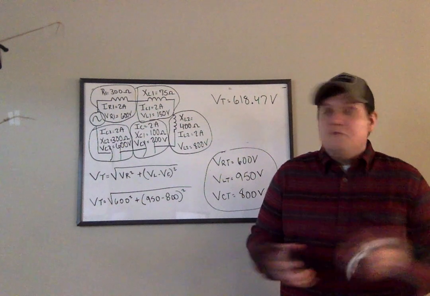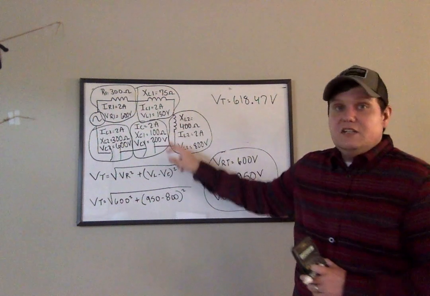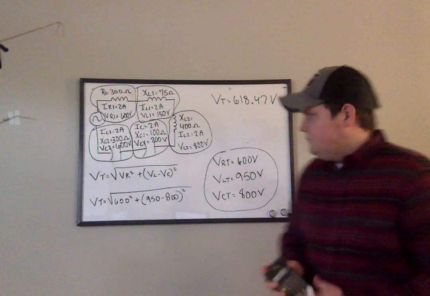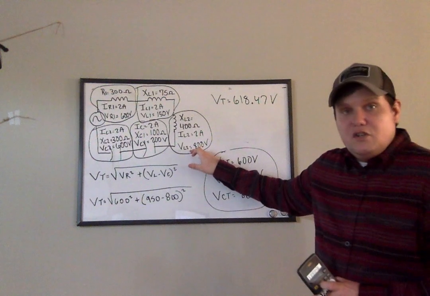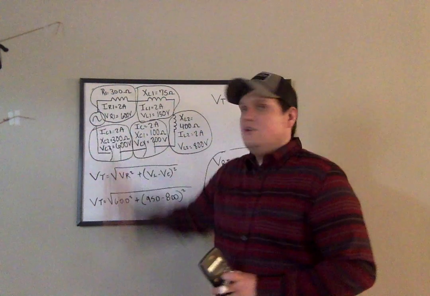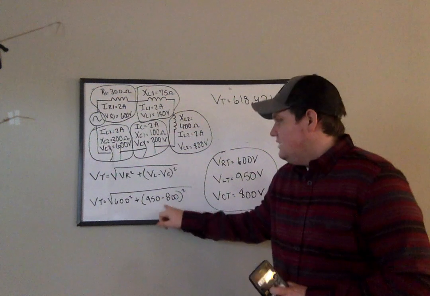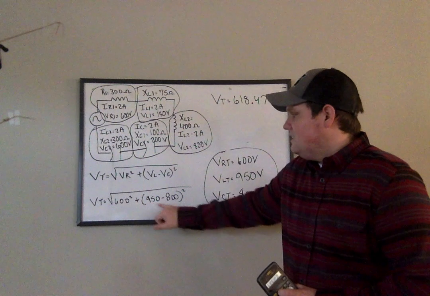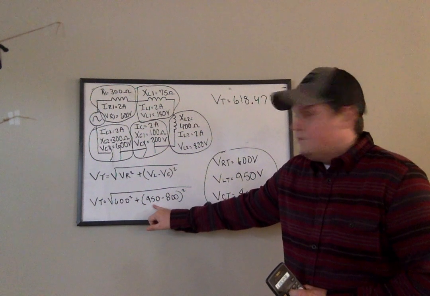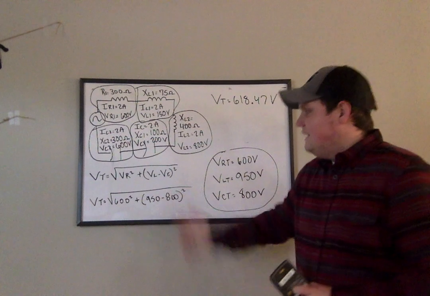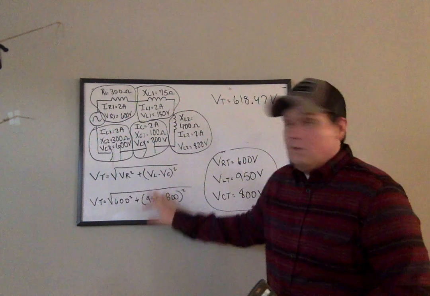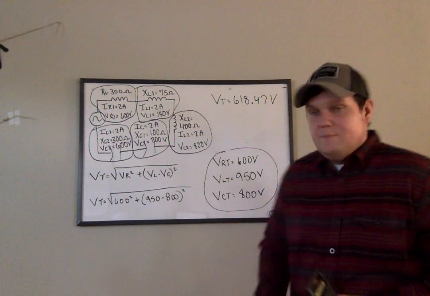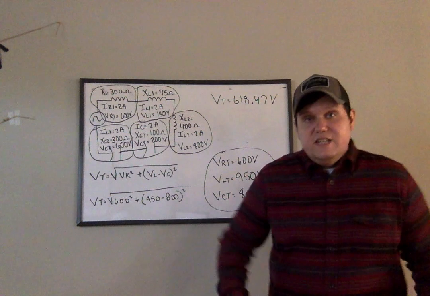That just means the CEMF is really high across this inductor. So it is not out of the normal to have a voltage across one of your inductors that is actually higher than the source. Because remember, capacitance's job is to subtract from that inductance. So it's 950 minus 800. That side of that triangle is only 150, not 950 or 800. I hope that made sense.